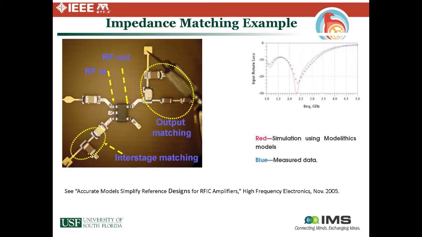So we were able to set up the models for this, get reference planes for the S parameters of the amplifier shown here, and then adjust the values of these elements so that we could tune that board up to where the customer wanted to use it at 2.3 gigahertz, and basically get a one-shot design. There's a paper referenced in your notes that you can look up that has more details of that.